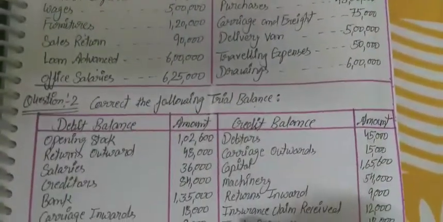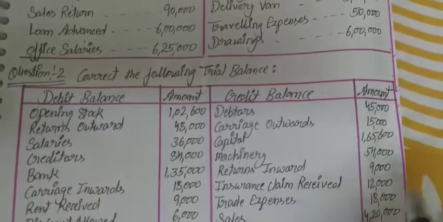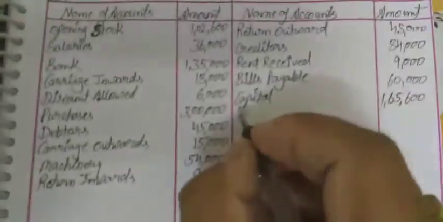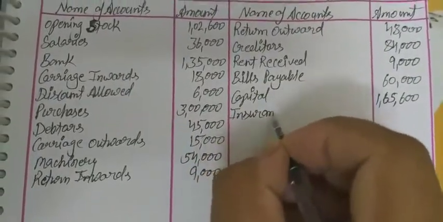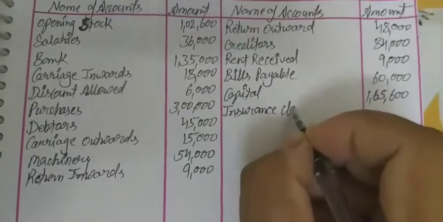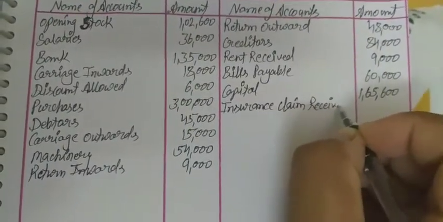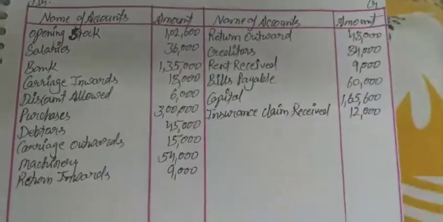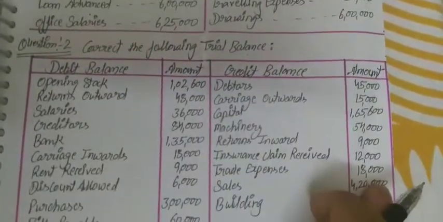Next one is insurance claim received. It is income for the business. So 12,000 will show on the credit side. Insurance claim received, that is 12,000. Next one is trade expenses 18,000.